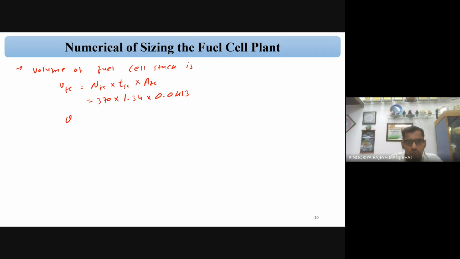So volume of the fuel cell is 0.0205 meter cube. So this is the volume of the fuel cell, and next the mass flow rate of the hydrogen.